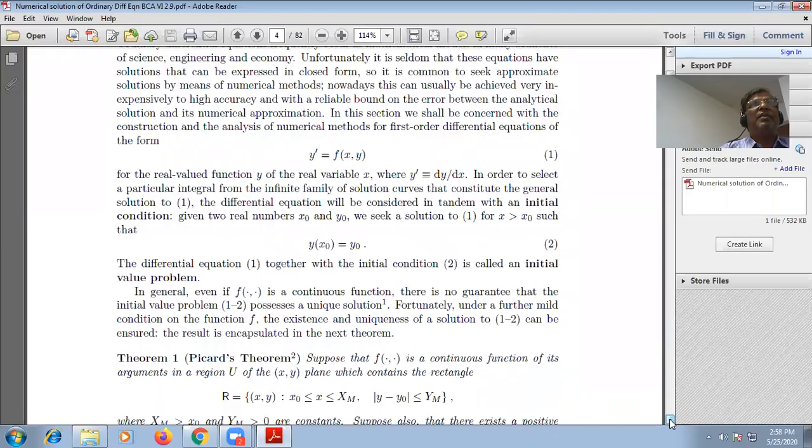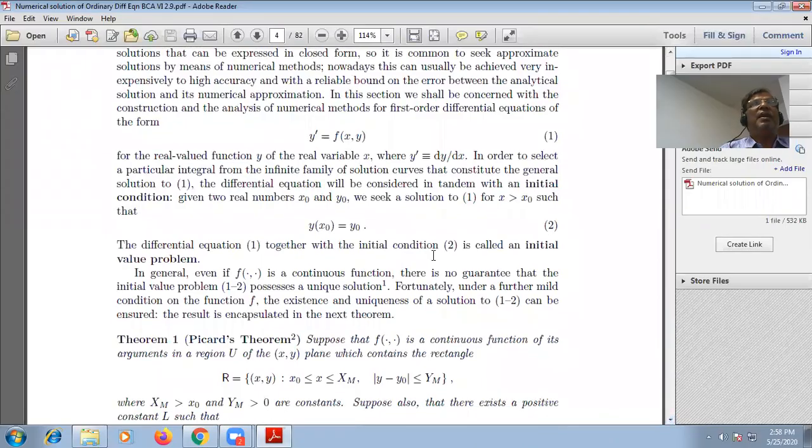Then the differential equation 1 together with the initial condition 2 is called an initial value problem. Initially, you have taken the initial point x naught in equation 2.